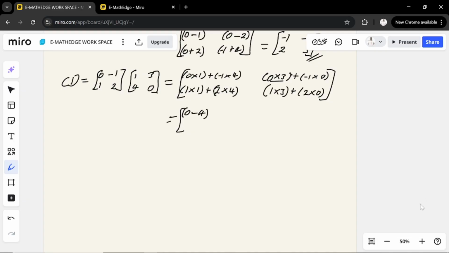Now 0 multiplied by 3 is going to give us 0, plus -1 by 0 is going to give us 0. 1 multiplied by 1 is going to give us 1, plus 2 multiplied by 4 is going to give us 8. 1 multiplied by 3 is going to give us 3, plus 2 multiplied by 0 is going to give us 0.